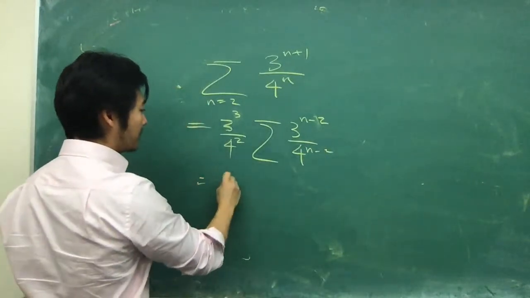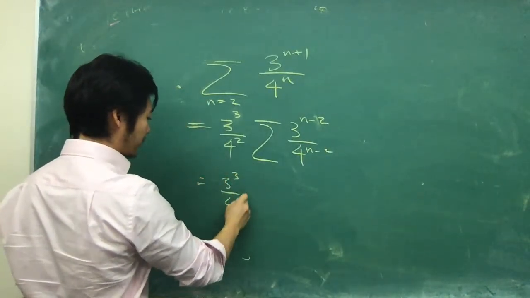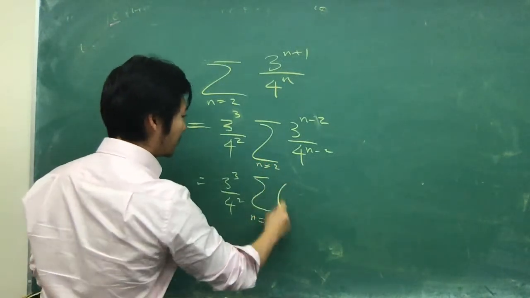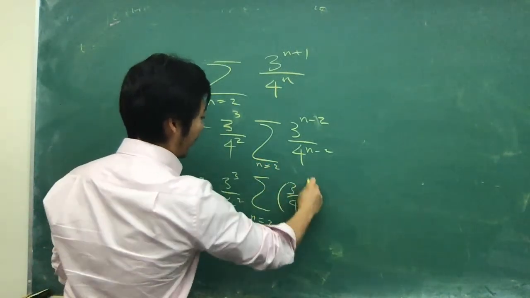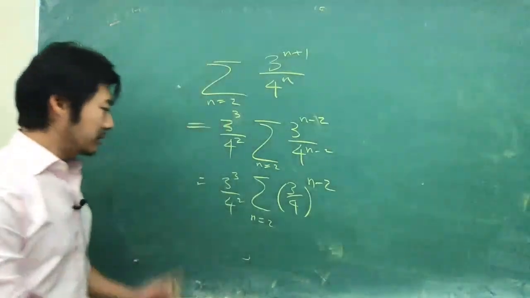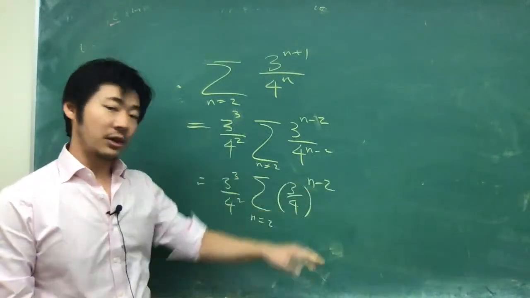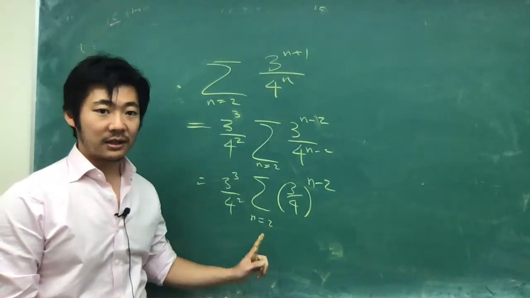So this becomes 3 cubed over 4 squared, n starts at 2, of 3 over 4 to the n minus 2. And then you can kind of see what's going to happen: at n equals 2 this is 0, so you can re-index and make it a geometric series that starts at 0.